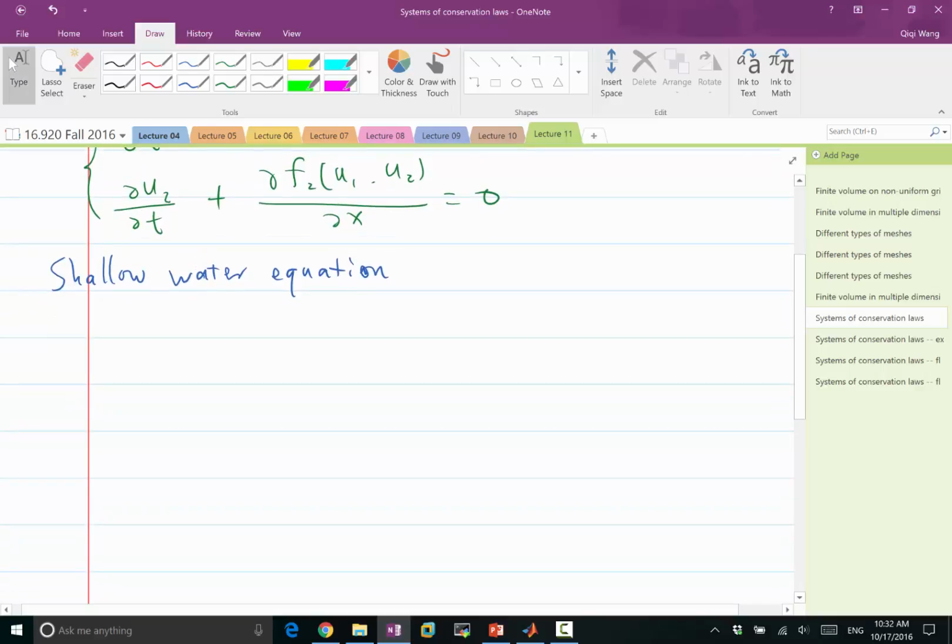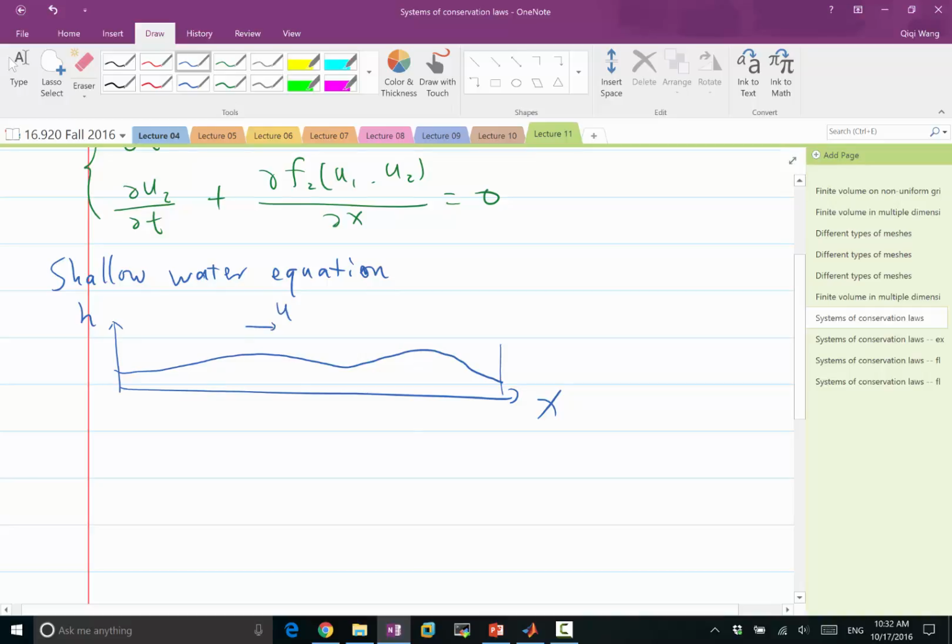So in the shallow water equation, the two quantities we are modeling are, first of all, the height of the water. So you have, let's say, a water column like that. So the height of the water and also the velocity of the water, right? How fast the water is moving either towards the left or towards the right.